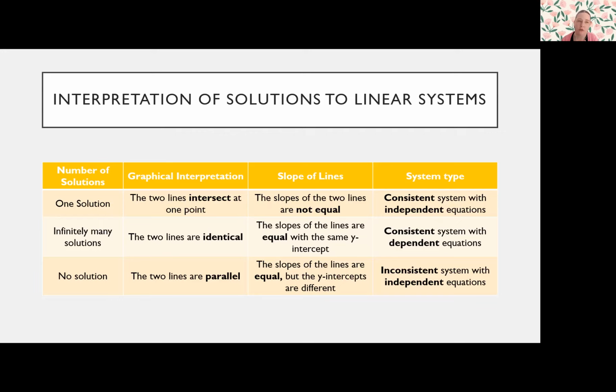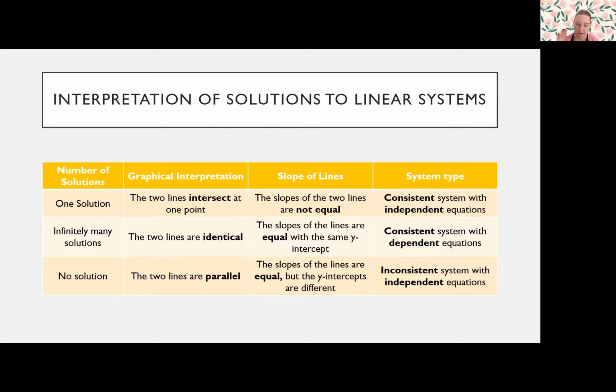It's just a matter of what the y-intercepts look like. So if you have same slope, different y-intercepts, that means they're parallel lines. And of course, all of these have to be in slope intercept form for you to really determine how many solutions there are. So if there's no solution, it's called inconsistent because there's no actual solution, but the equations are independent because they're still two different equations.